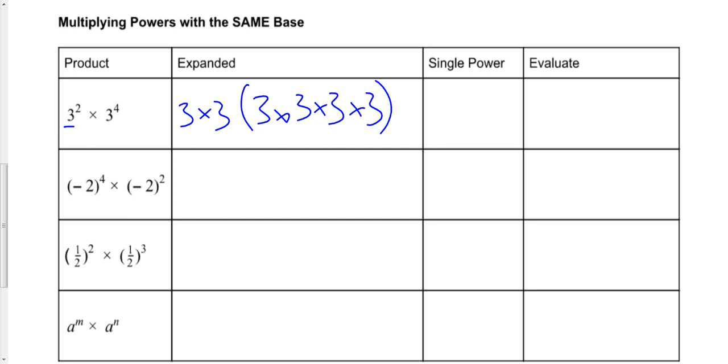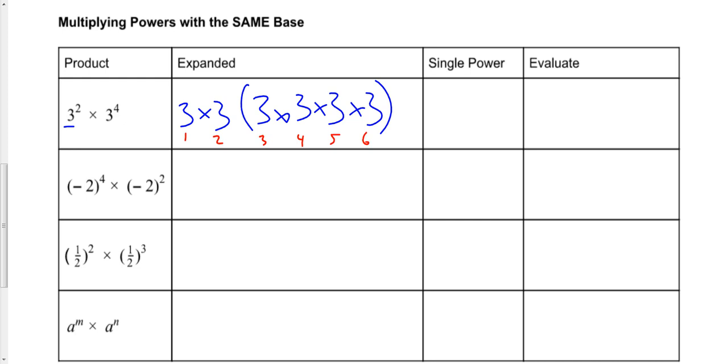How many times is 3 being multiplied by itself? It's multiplying by itself 6 times: 1, 2, 3, 4, 5, 6.